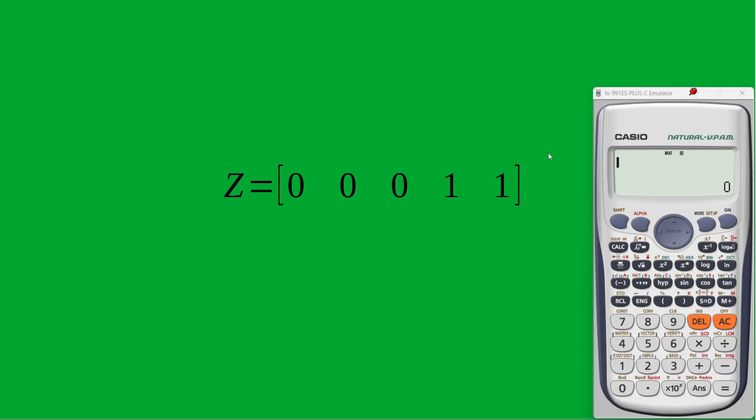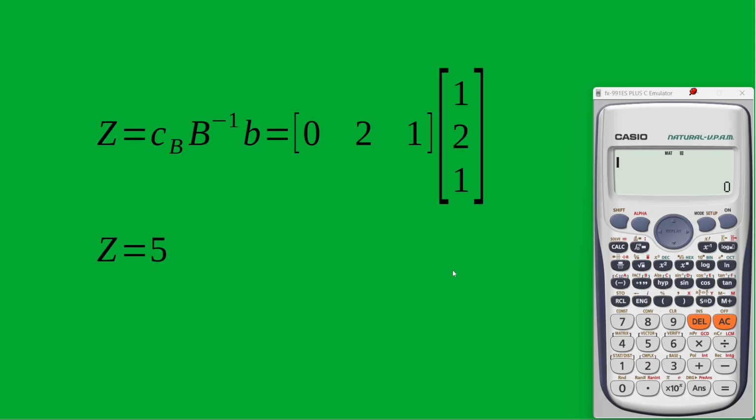Now we see that we need not do any further iterations, okay, because none of the coefficients are negative. So we go ahead with finding out the value of the objective function, which is nothing but CB into B inverse B, which is nothing but 0, 2, 1 into 1, 2, 1, right? And that is fine.